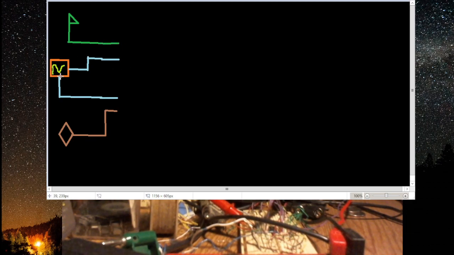So the generator with the two blue lines represents a calibrated signal source, and it is going into both the circuits. Oh wait, let me think. The input. Okay, something's, let me think here for a minute because something's not right.